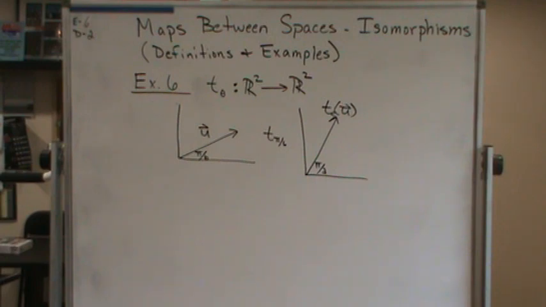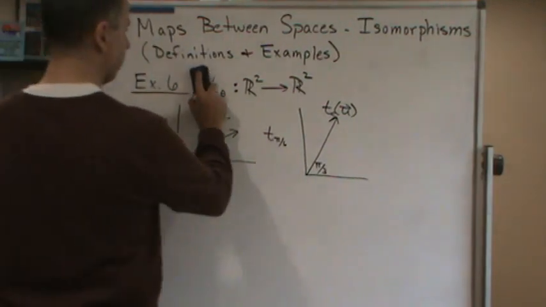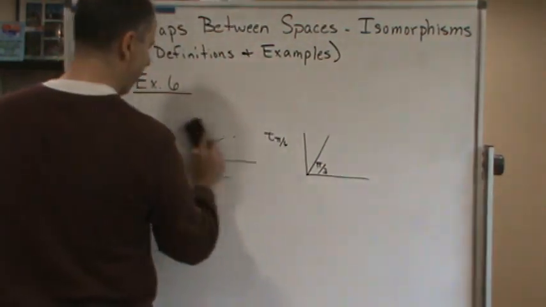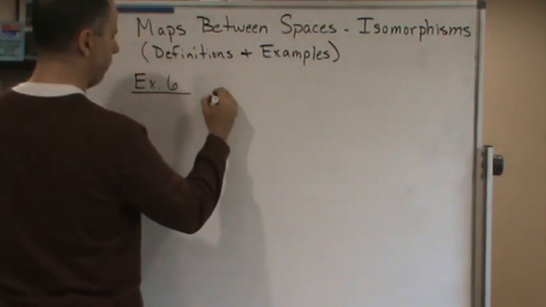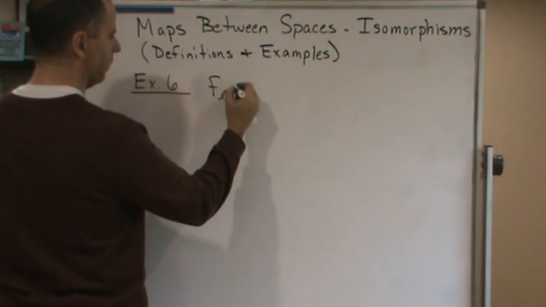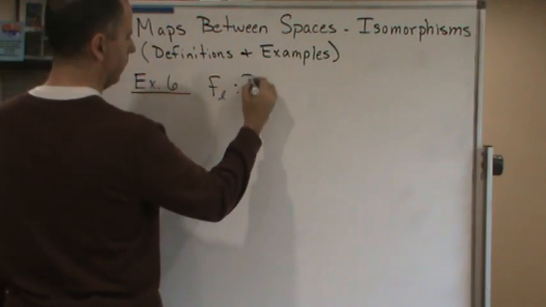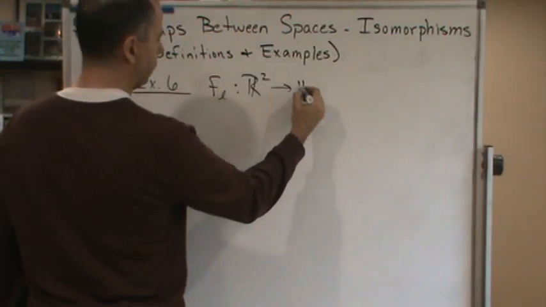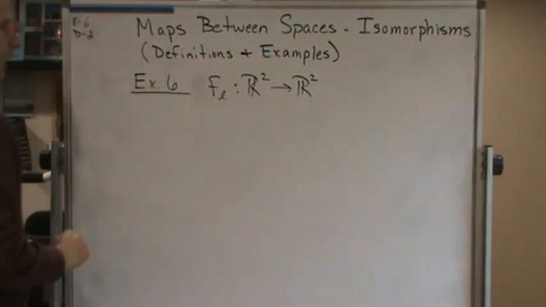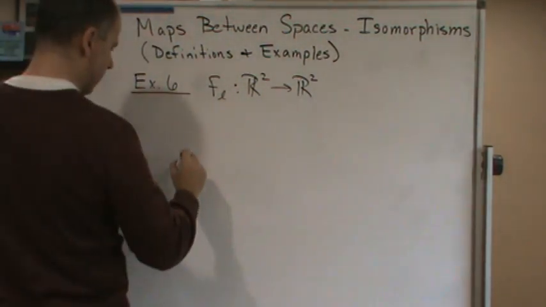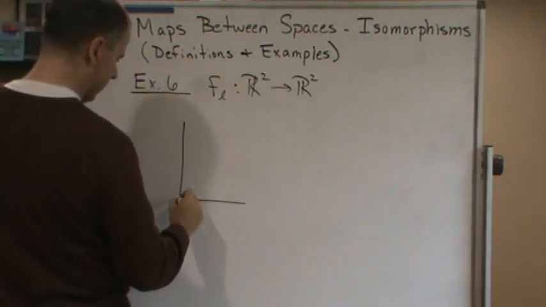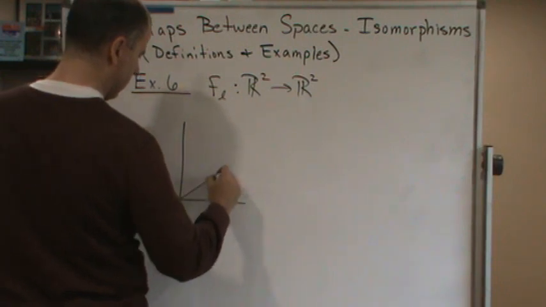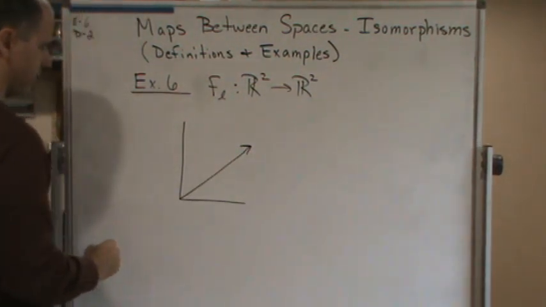Okay, and a third type of automorphism is a flip across a given line L. So we would define this as F of L from R2 to R2. And of course we would take a line or a vector, let's say a vector that does that.